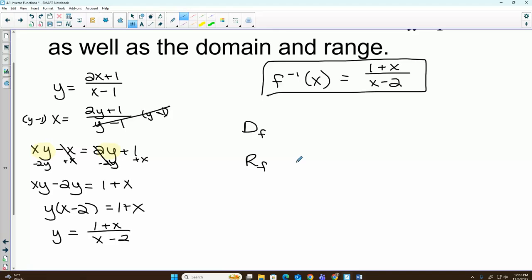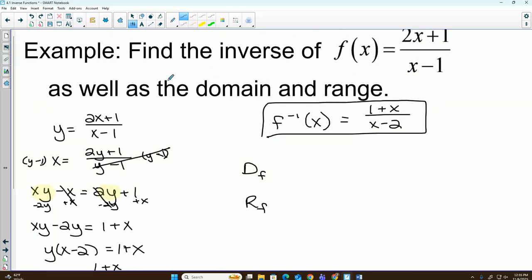How do we find domain? We talked about domains a lot. Okay. Yes. In a fraction, we know the denominator can't be 0, so that means x minus 1 can't be 0, so x can't be 1.